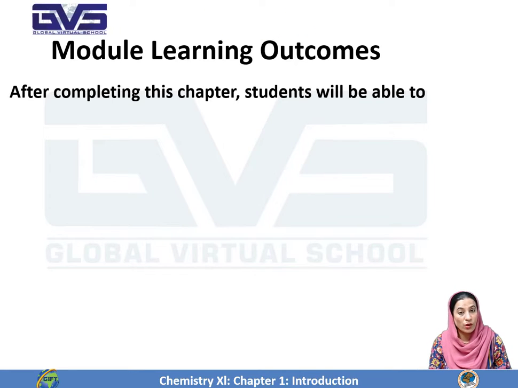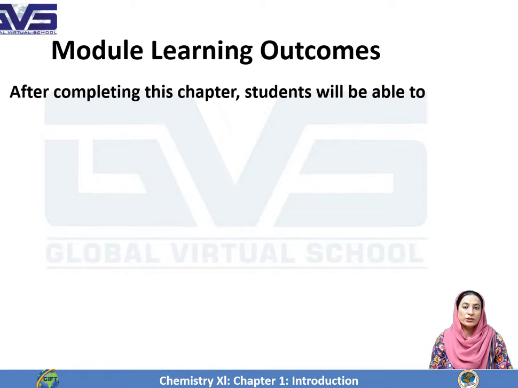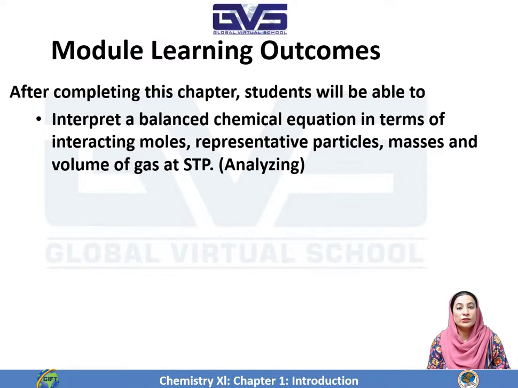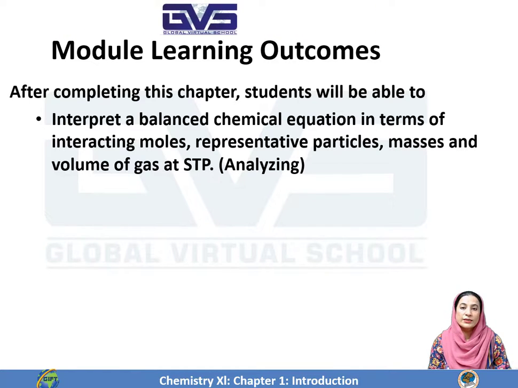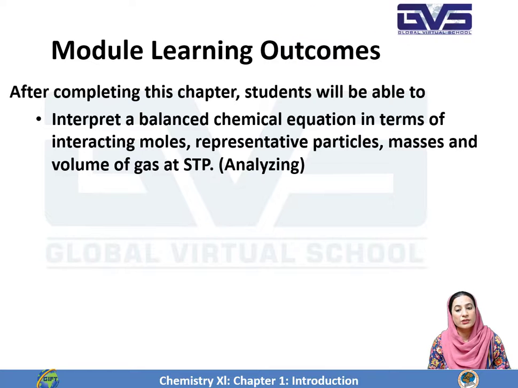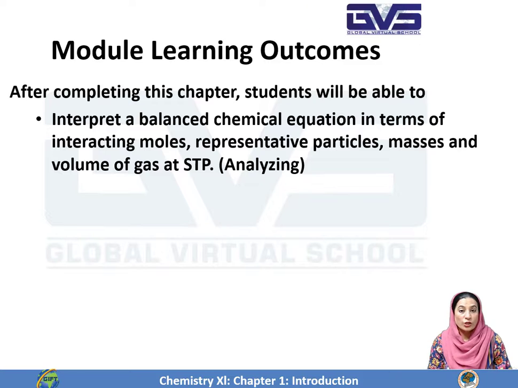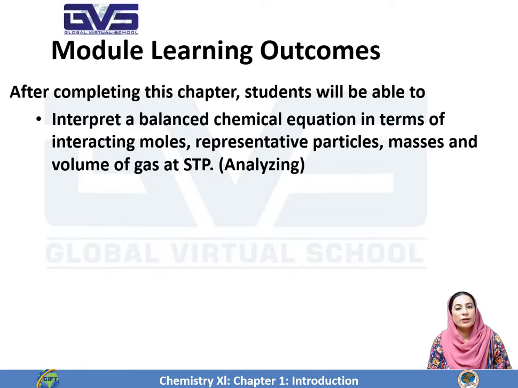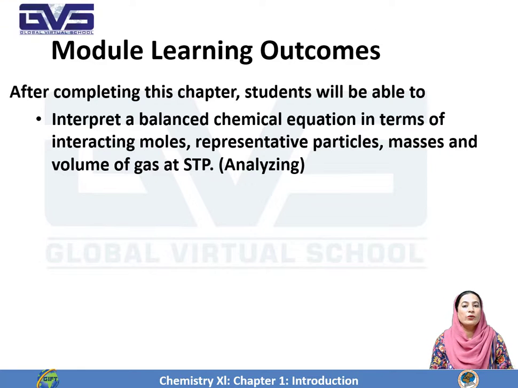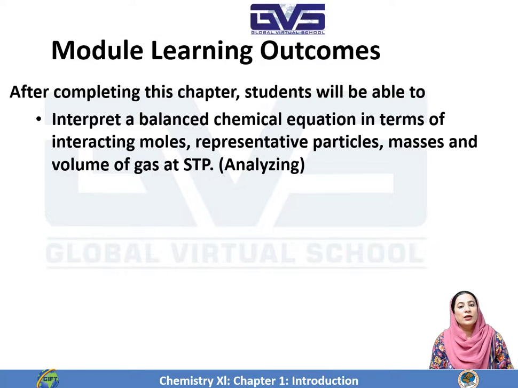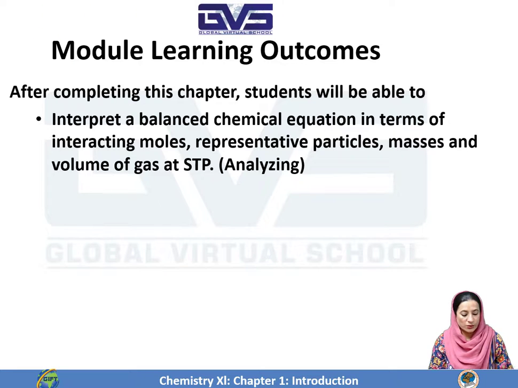After completing Chapter 1, stoichiometry, students, you will be able to interpret a balanced chemical equation in terms of interacting moles, representative particles meaning Avogadro's number, mass, and volume of gas at standard temperature and pressure. When you have sufficient knowledge about stoichiometry, mole, and Avogadro's number, you will be able to interconvert moles into Avogadro's number, Avogadro's number into moles, moles into mass, and vice versa.